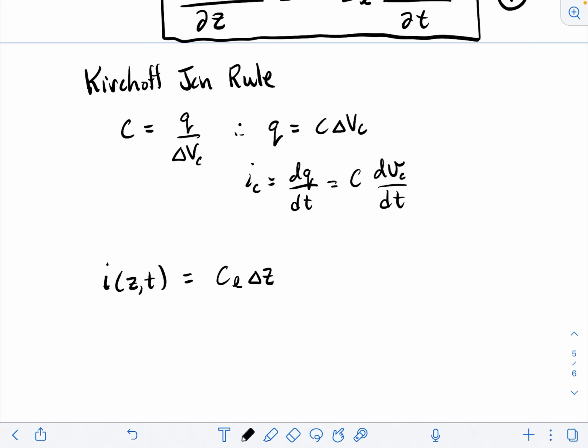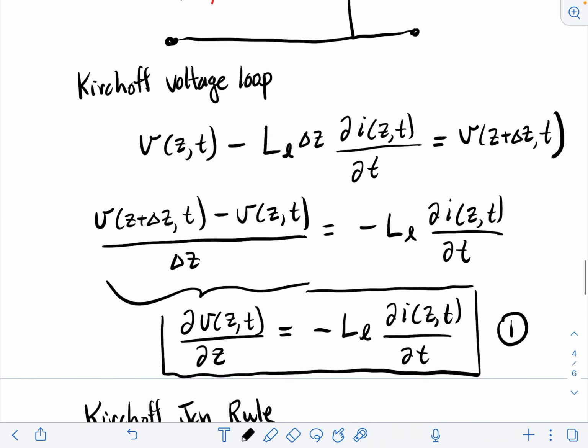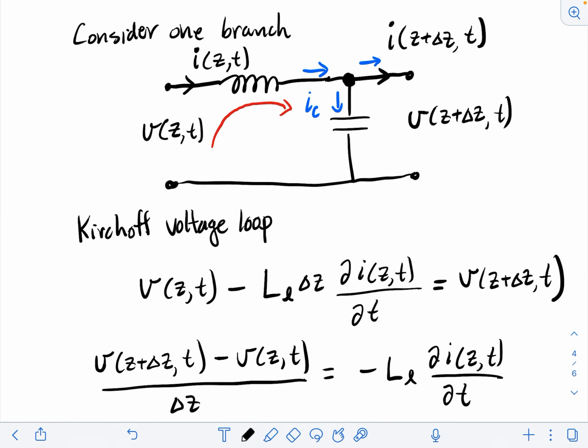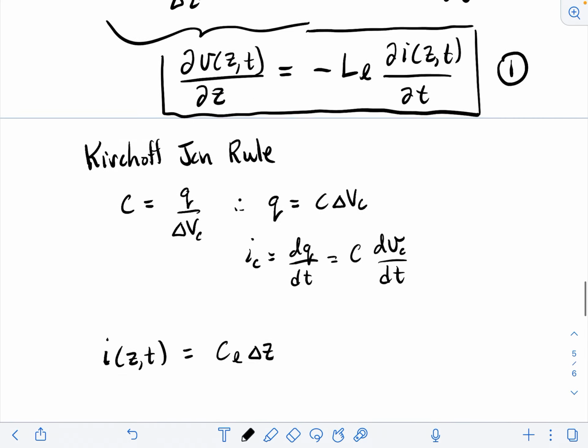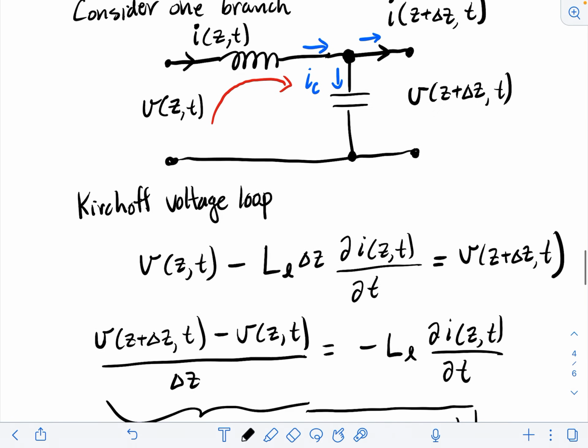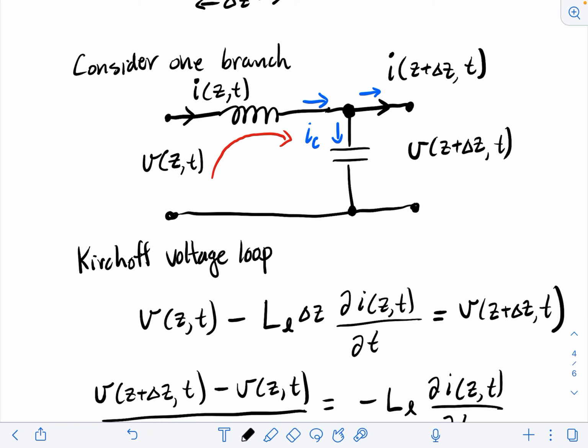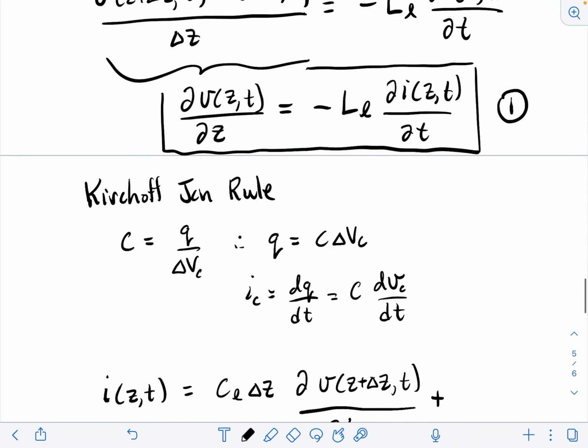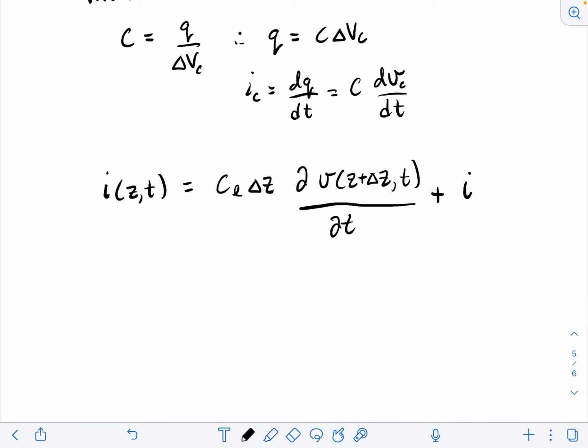And then the voltage across this capacitor is equal to the voltage at the output, which is V of z plus delta z, so we have dV(z+delta z) and it's also a function of time, and it's dt. And to complete the junction rule, we also have the current I at z plus delta z leaving the junction. So then we have plus I(z+delta z, t).